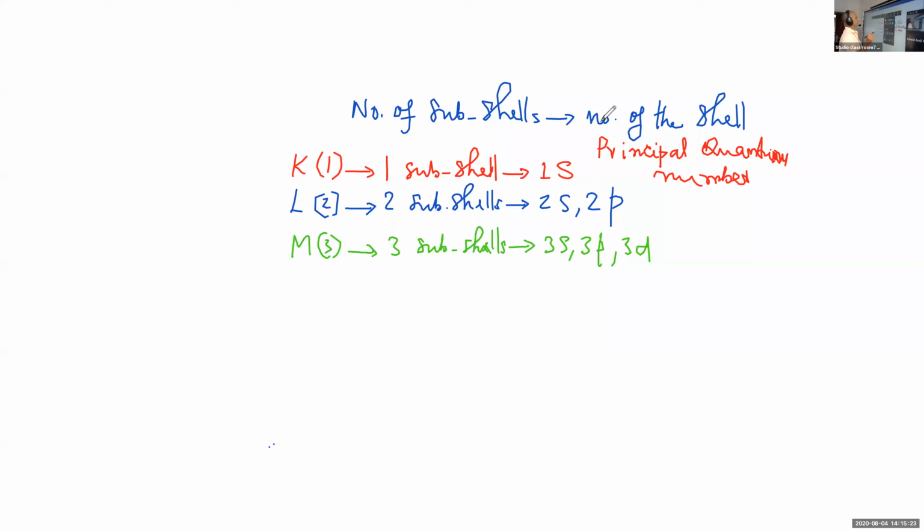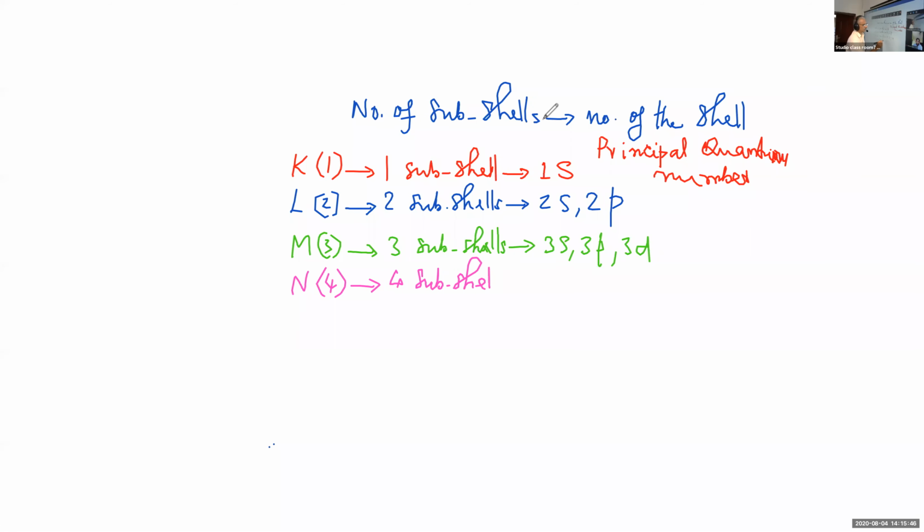Now you come to the next one, the N shell. Here the number of the shell is equal to 4, the principal quantum number is 4, so 4 subshells are possible.